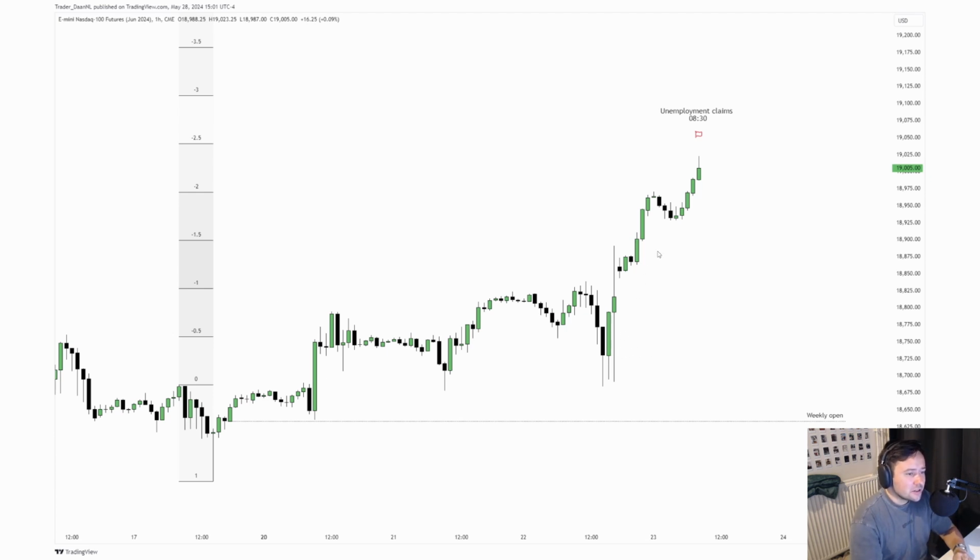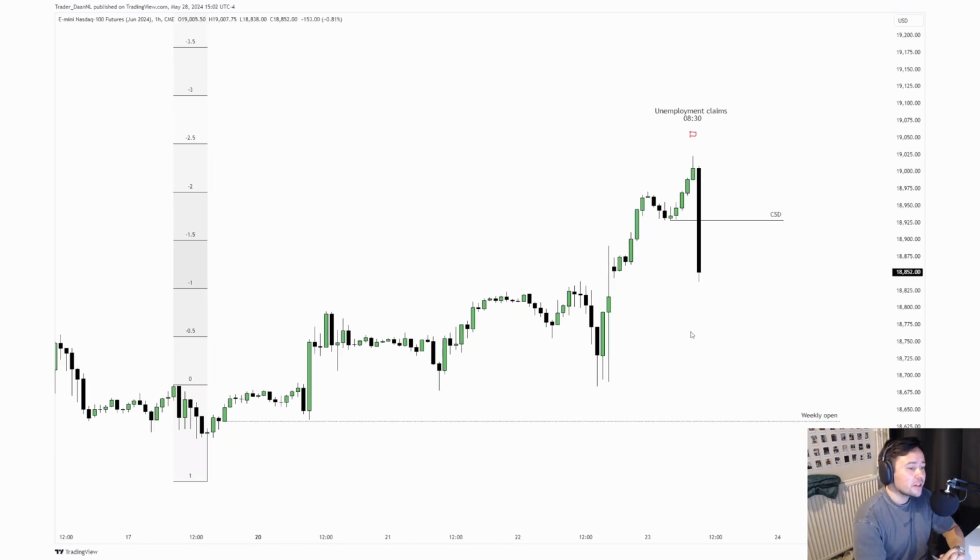Eventually we started to trade higher, and on the Thursday, with the high impact news event at 8:30, we manipulated into the -2 to -2.5 standard deviations area. This is the area where we are going to anticipate the reversal, and we anticipate this to be the high of the week.